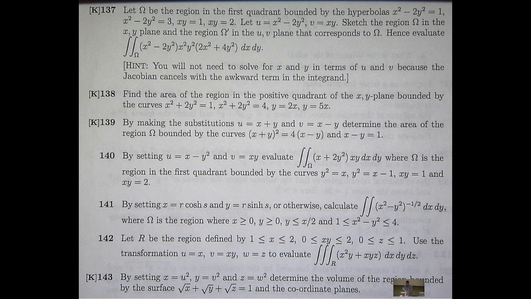V equals something involving x and y. Y on x, okay. If I rearrange this and put the x down there, and let v equal y on x, then that equation there will give me v equals 2, and that equation there will give me v equals 5. So you're absolutely right.